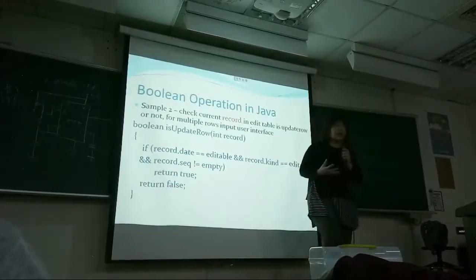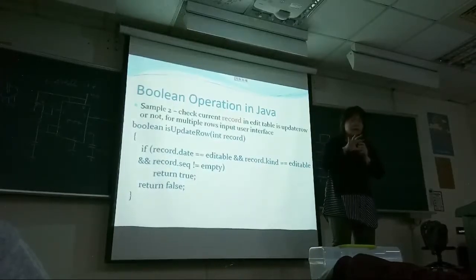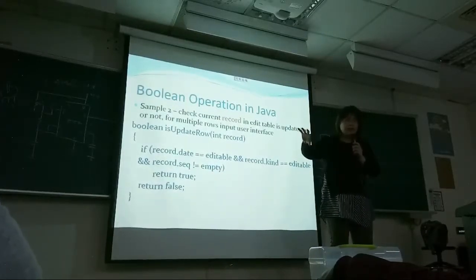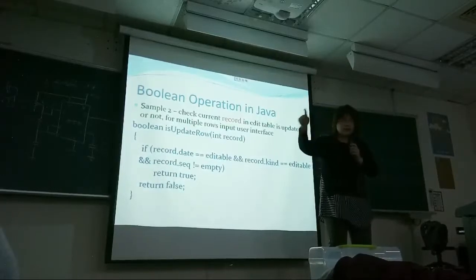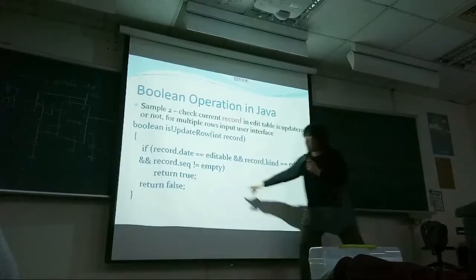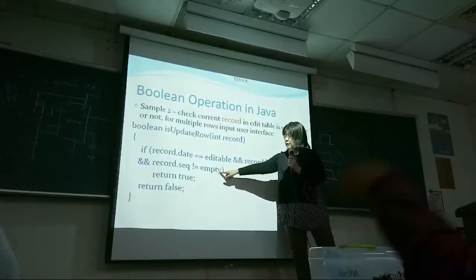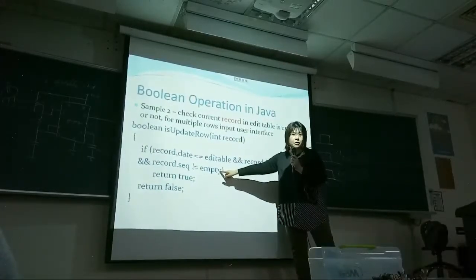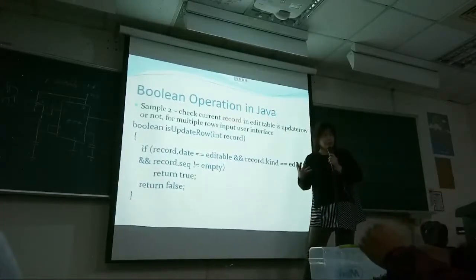It means that if I write in the main hour and set it to the database, I will give this record a sequence number. If this sequence number is not empty, it means it is an update row. If the sequence number is empty, it means it is an add row.